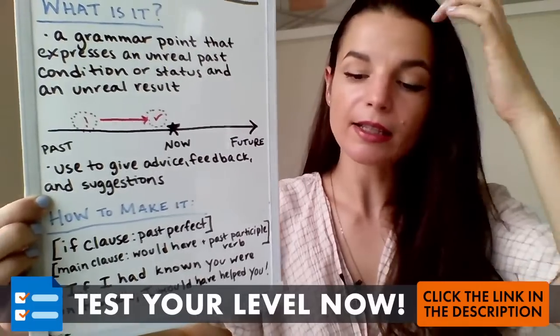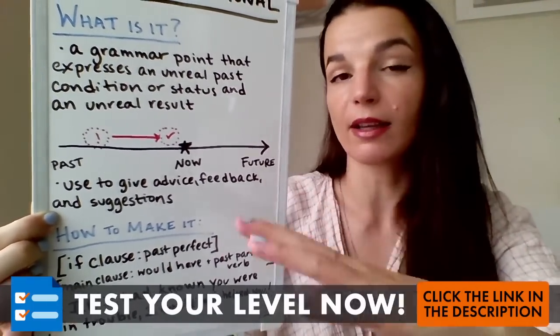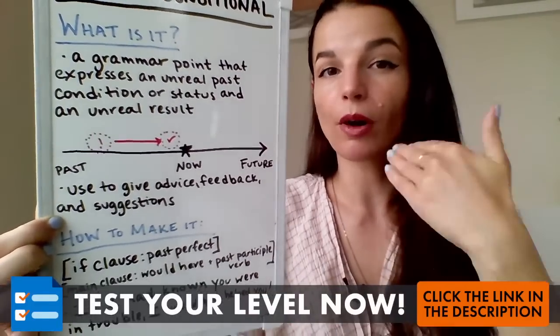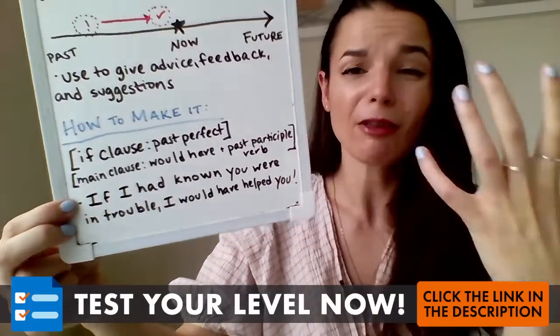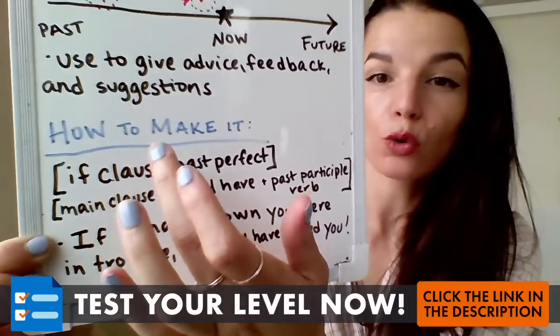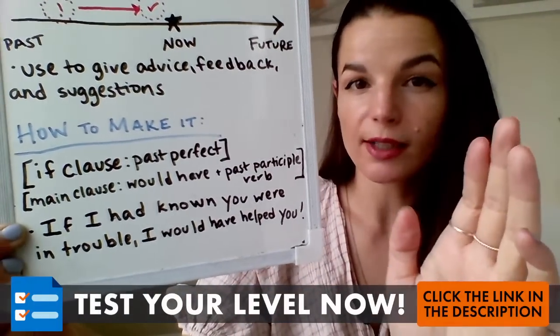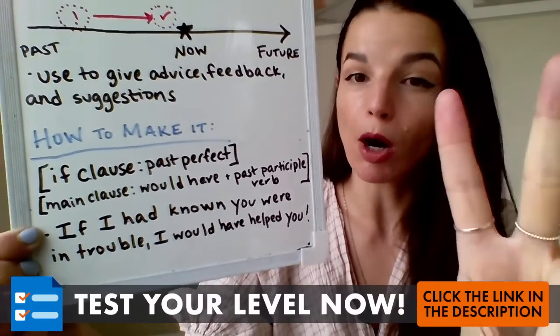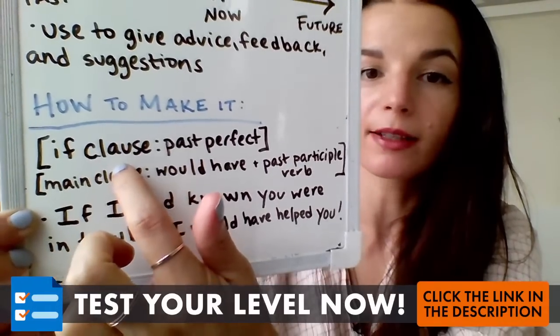So let's look at how we make this grammar point, and then we're going to get into some example sentences, and I'm going to break down what's happening so we can understand the meanings and the uses, okay? So with a conditional sentence, there are two basic parts. We have the if clause.